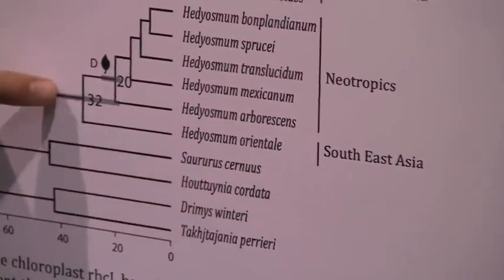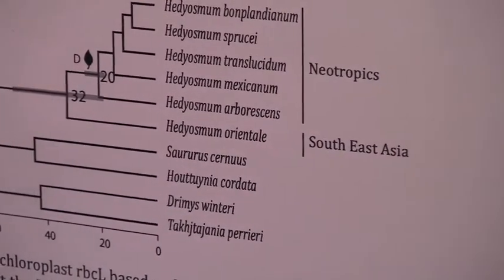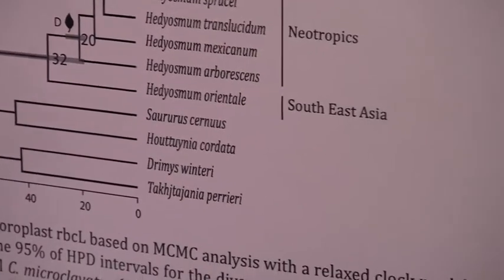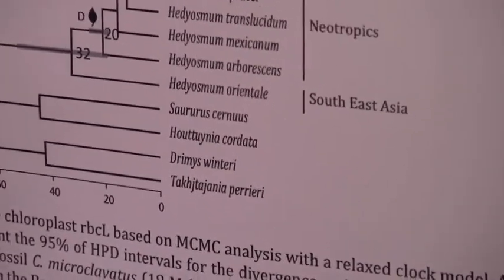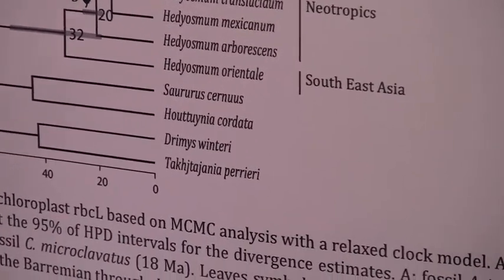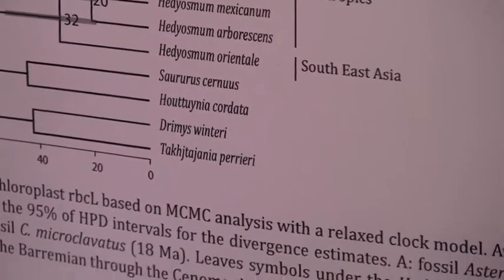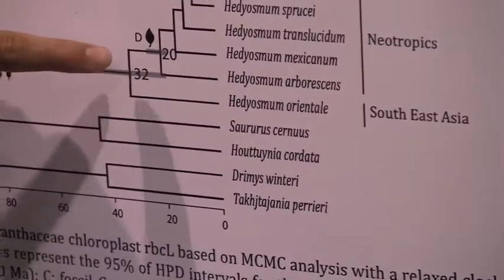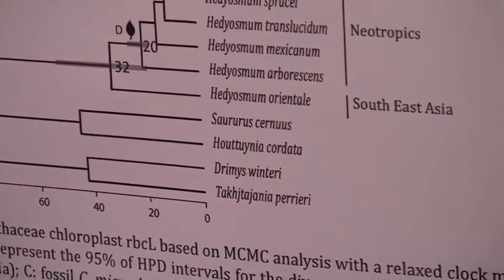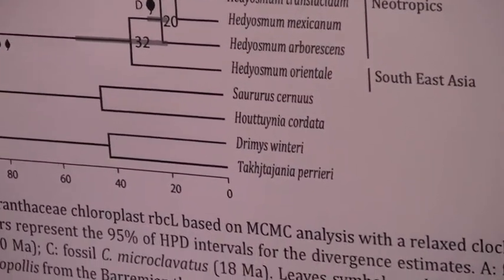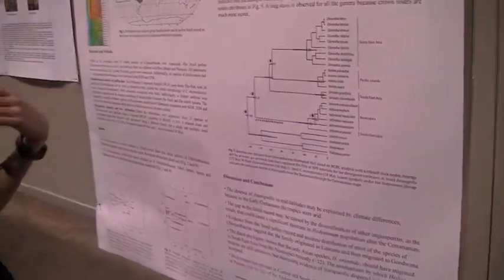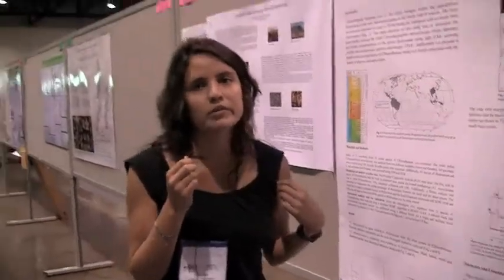So the age, 32 million years here, is explaining that maybe it could be a product of a long distance dispersal event, and that the diversification occurred in the Neotropics before the rising of the Andes cordillera and the closing of the Isthmus of Panama. So those are my main conclusions, and thank you very much.